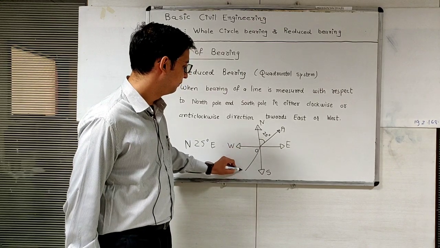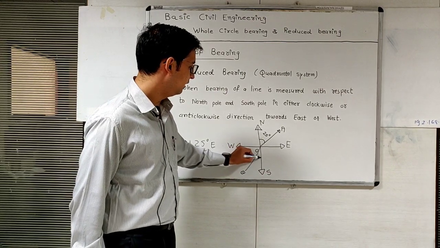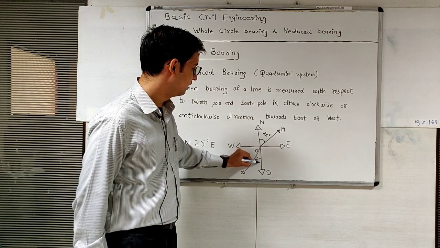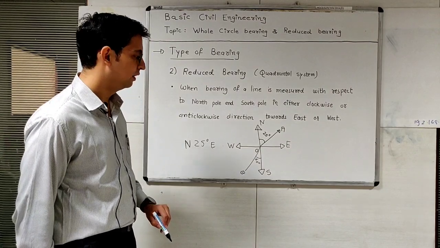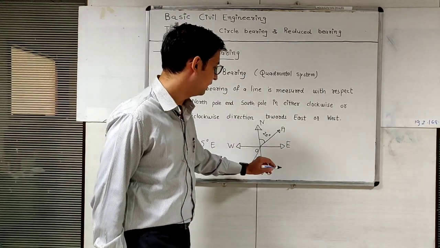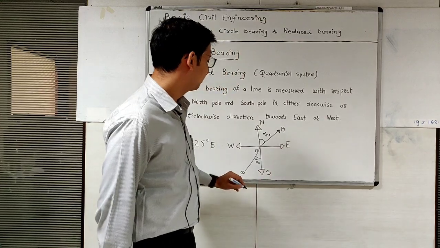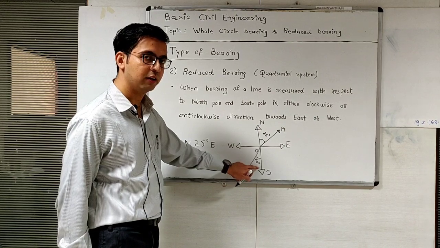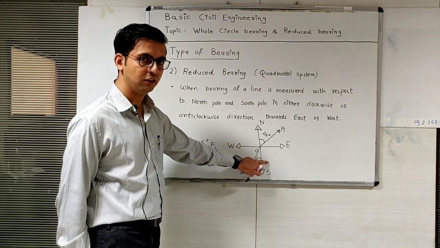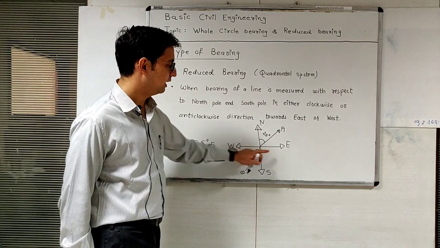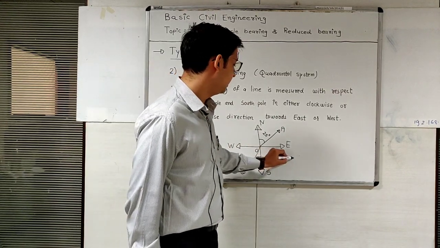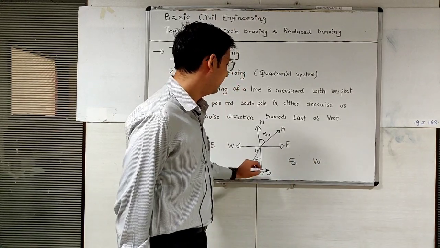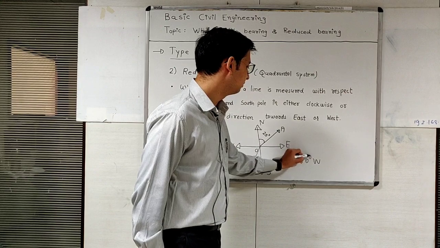Let's say for the OB line, it makes an angle of 60 degree with south. The bearing of a survey line is measured with respect to north pole or south pole in clockwise or anti-clockwise direction towards east or west. As per the definition, south to west, and the angle is 60 degree.